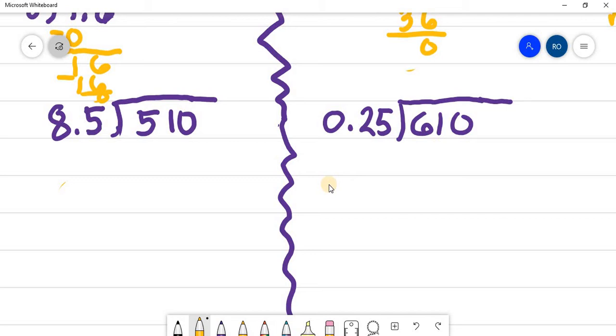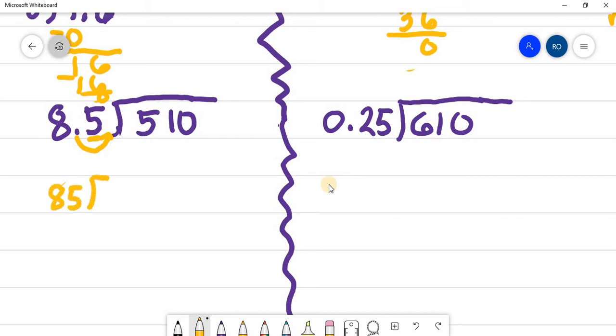By moving the decimal point to the right. Let's say for example, 8.5 is a divisor and it's a decimal. Here, 8.5 has only one decimal place. So we have to move the decimal point to the right by one only. Okay, so we have now 85.